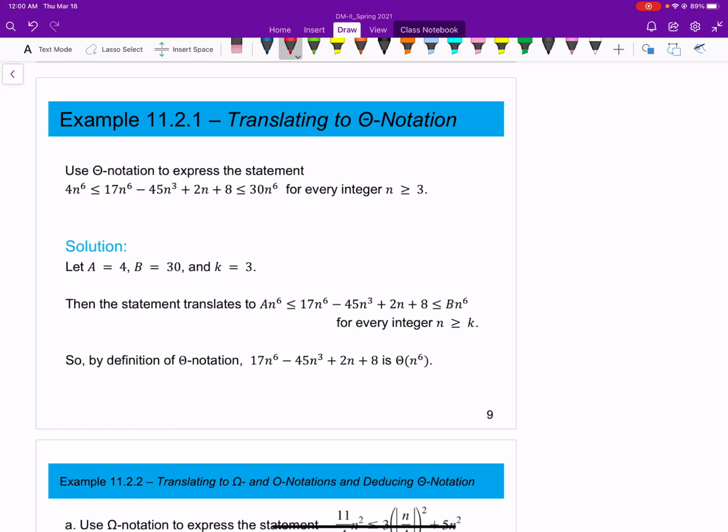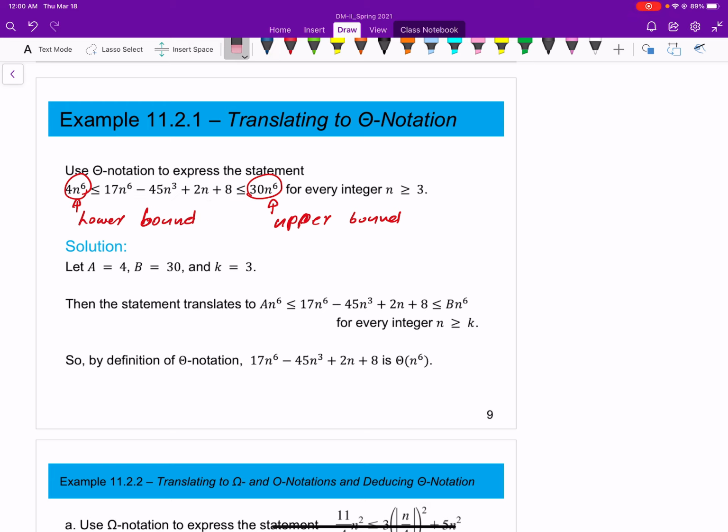This is the upper bound, and this is the lower bound. So you have to write the theta notation for this blue colored function.